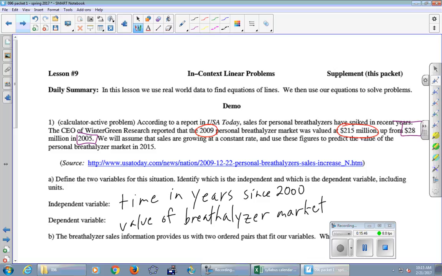I'd really like to just put 215 and 28. That's not what these numbers are. This is really 215 million, and I don't want to put 215,000,000. So what can we say here? In millions of dollars.